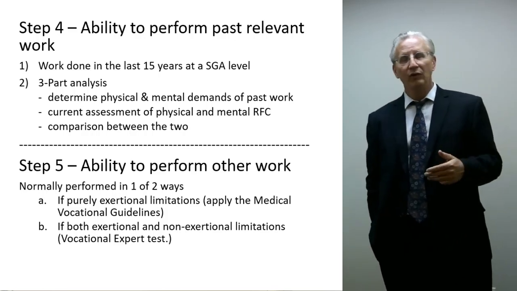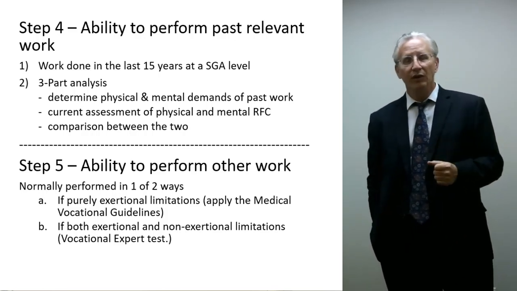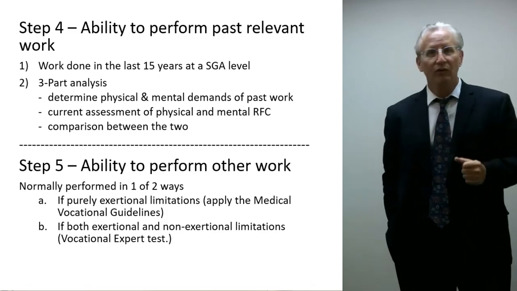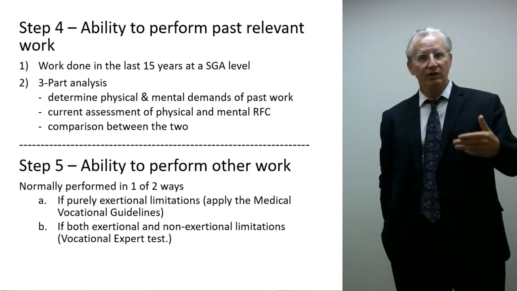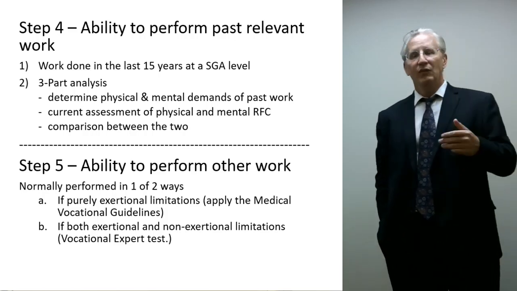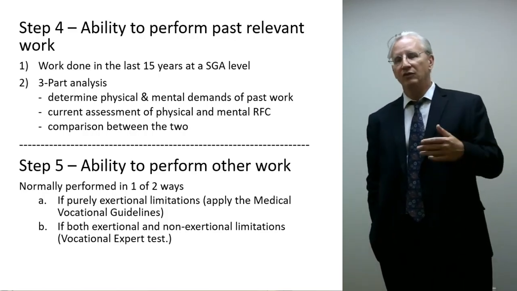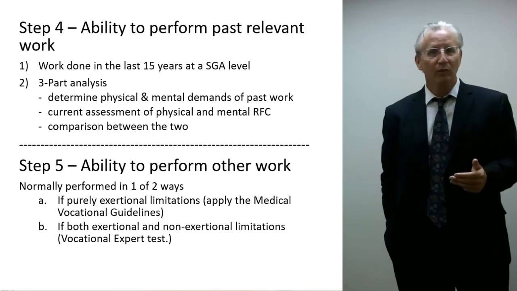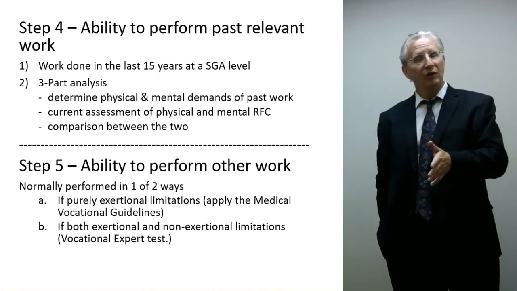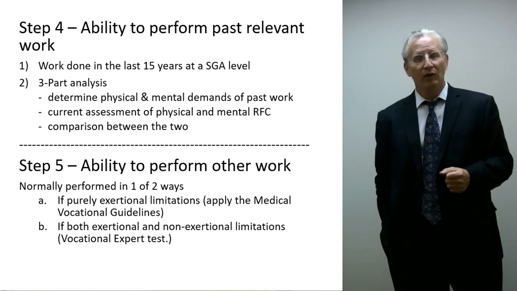The way that normally goes is a judge would say to the vocational expert, assuming Mr. or Mrs. Vocational Expert, you have an individual of a particular age, education, and past relevant work. These are their various exertional limitations. These are their various non-exertional limitations. At that point, the vocational expert would then have to either identify or not identify other work the claimant could perform.